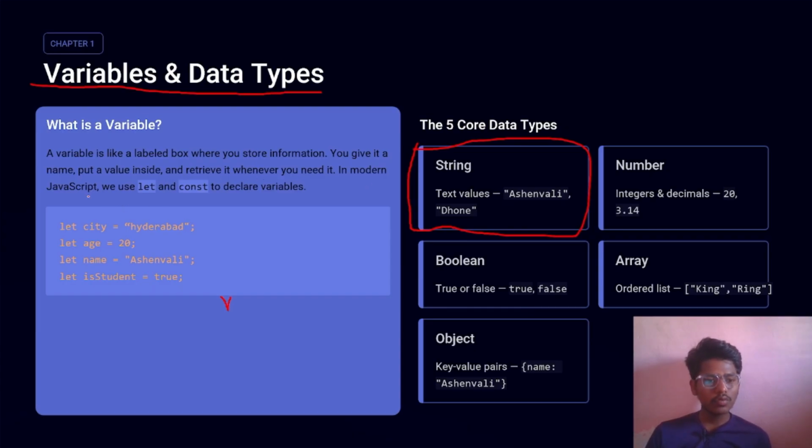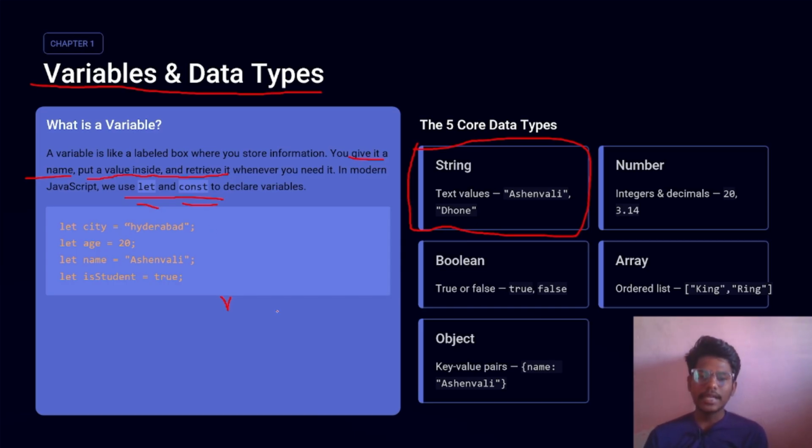In modern JavaScript, we use let and const to declare variables. As I already told you, we can put a value inside or retrieve it, and we can also give it a name. In modern JavaScript, we use let or const. Simply, let or const means it will create a variable.